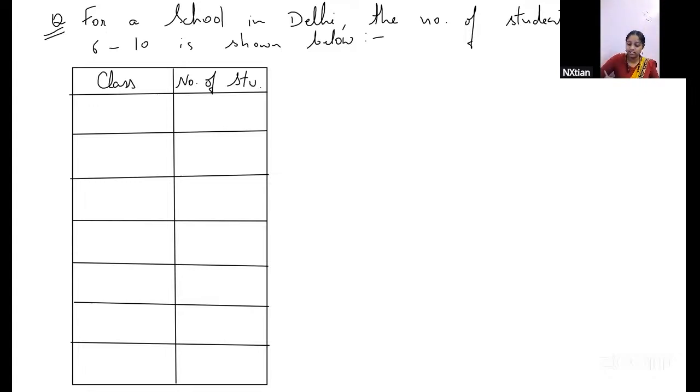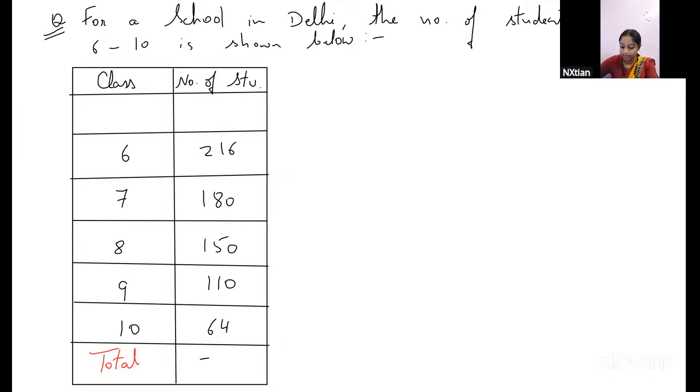In class, write 6 to 10, and for number of students, put the numbers, and then put the total. That is 720.